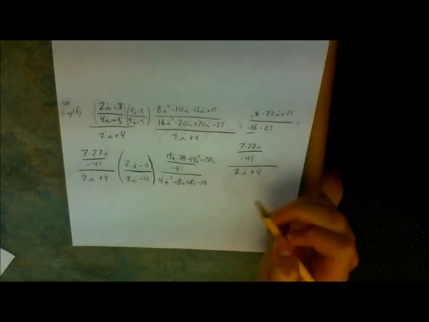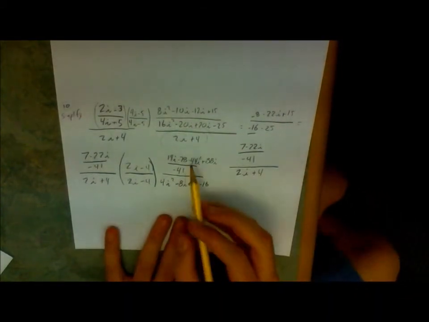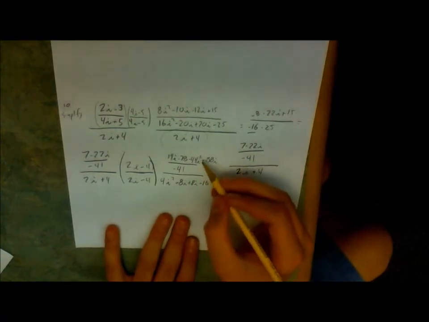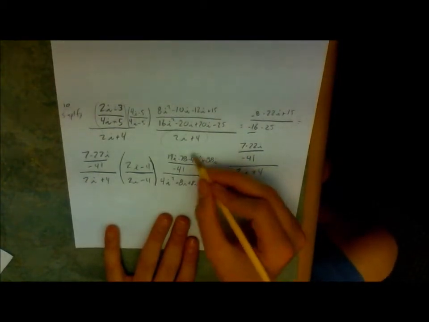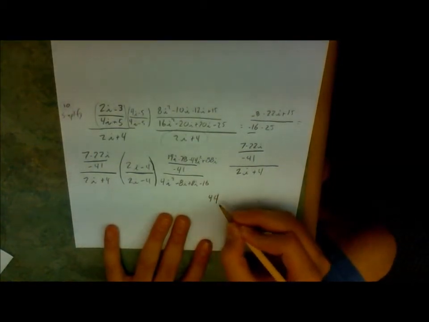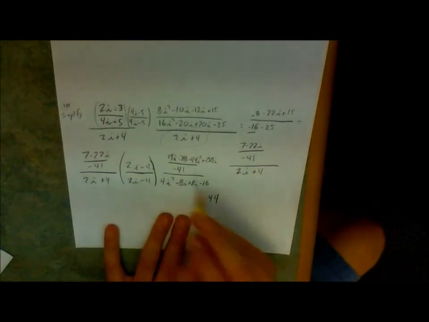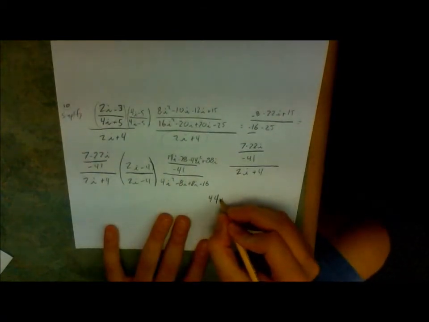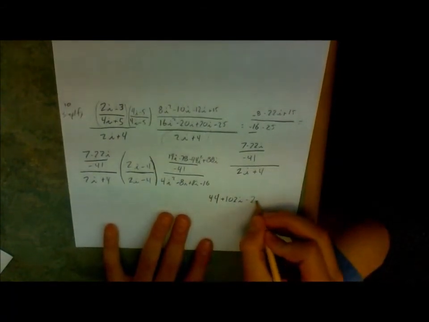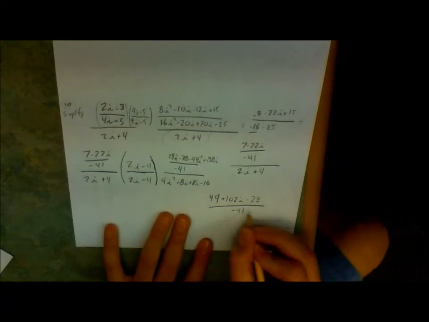So what we want to do here is simplify as we normally would. 44i squared is negative 1. Negative 44 times negative 1 would be 44. 88i plus 14i would give me 102i. Then minus 28 from before, and that's over negative 41.